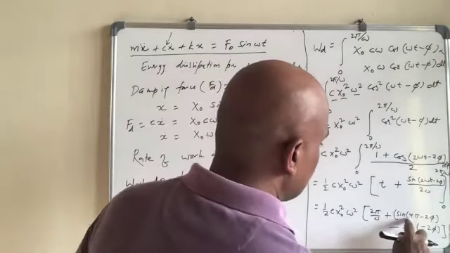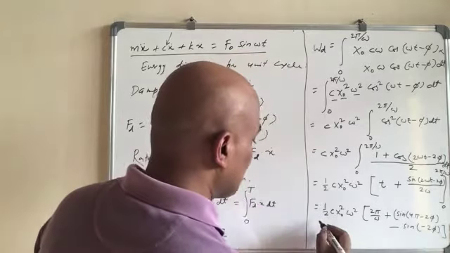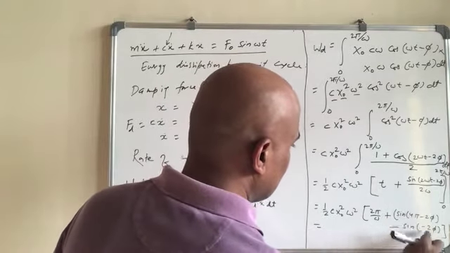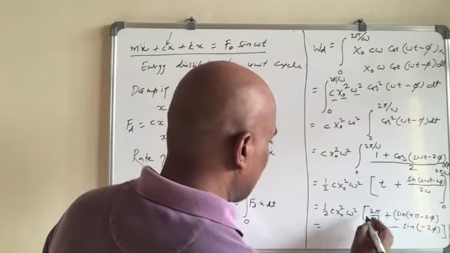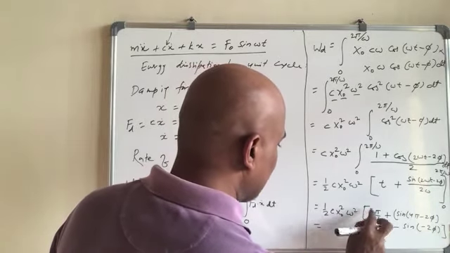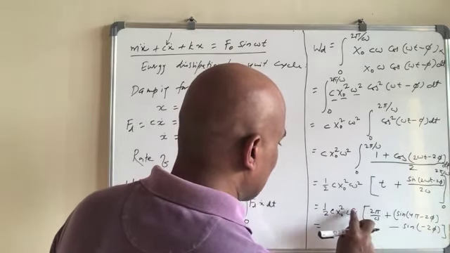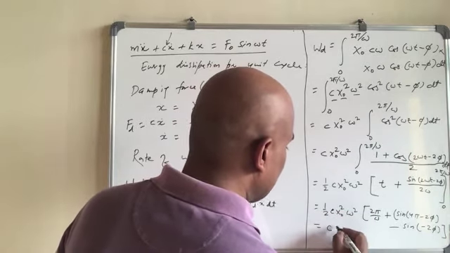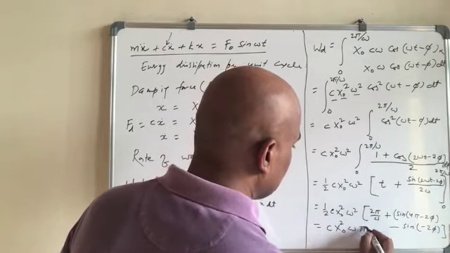So basically this value and this value will be the same because you have 4 pi here, so this total value becomes 0 and you have just this one. The 2 and 2 cancel out, omega and one omega cancel out, so we get c x naught square omega pi.